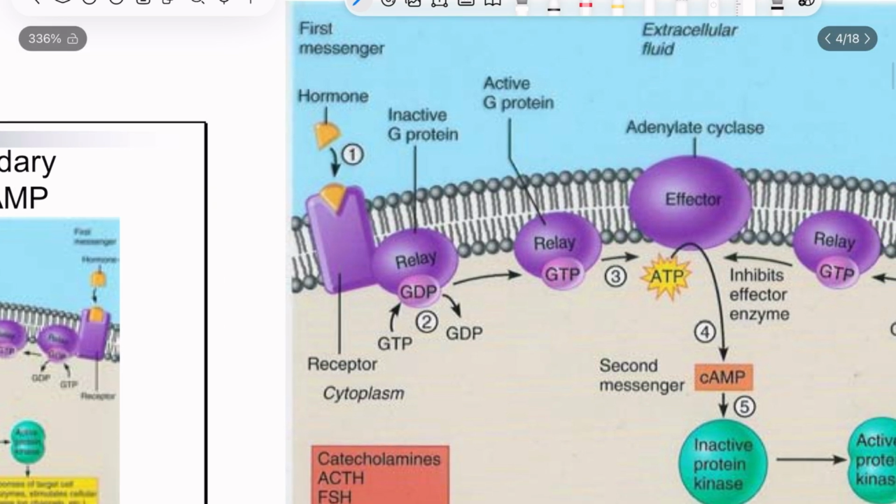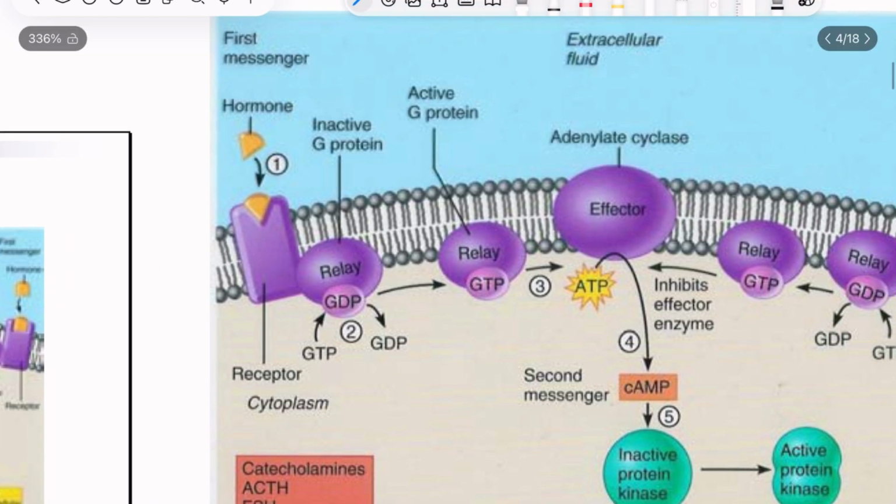The receptor then activates an attached G protein, or the purple relay molecule, and the G protein is switched from its inactive form, which is bound to GDP, to its active form, bound to GTP. The activated G protein moves along the membrane and activates an effector enzyme, which is adenylate cyclase. This enzyme then starts producing the secondary messenger.